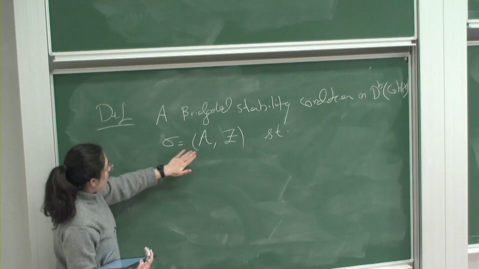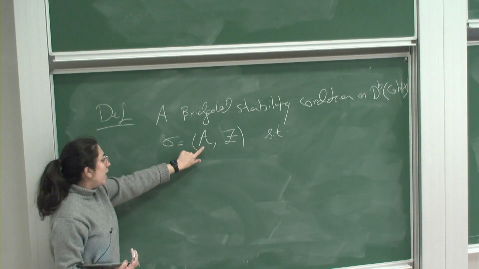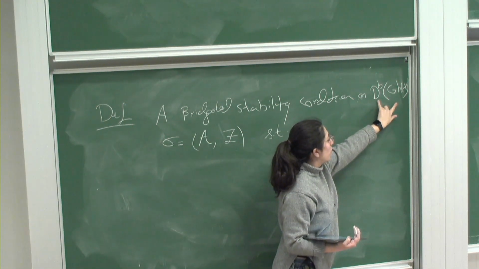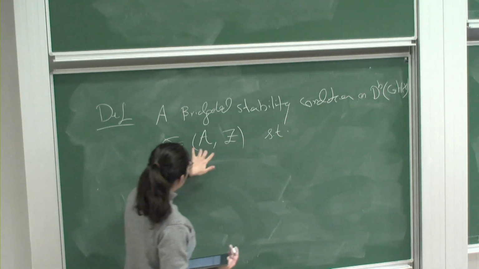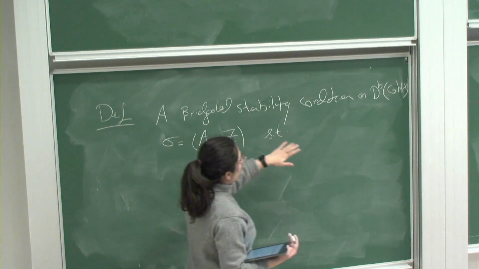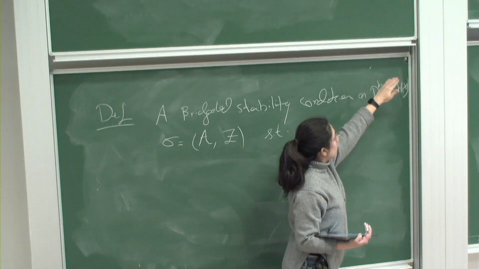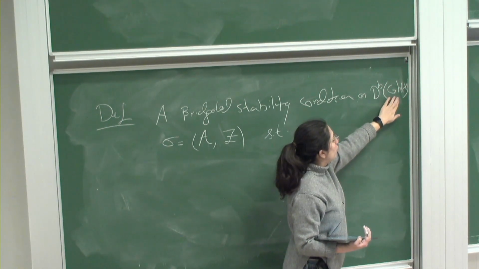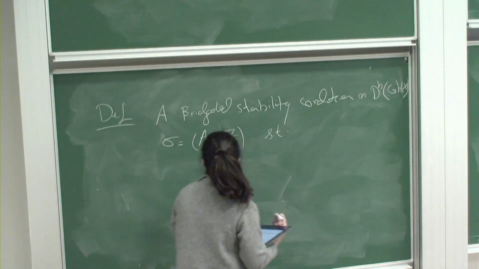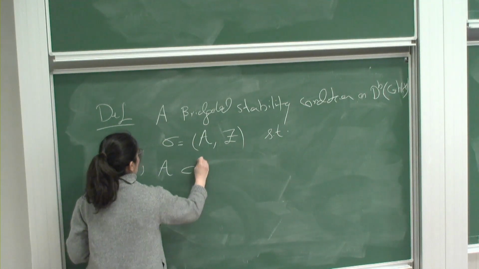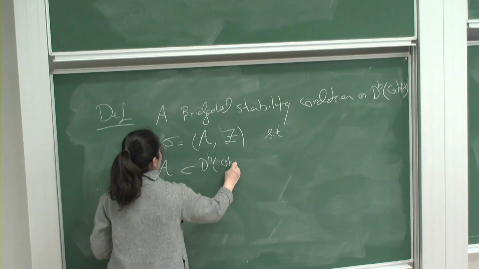It is just a pair A and Z, where A is an abelian subcategory of the derived category of coherent sheaves on X. This is just the first thing that I promised when I started. I want to choose abelian subcategories inside these triangulated categories, which could be a priori different from coherent sheaves of X.